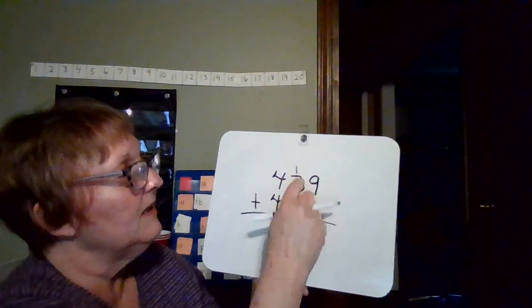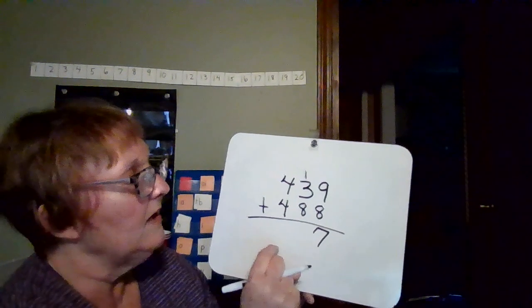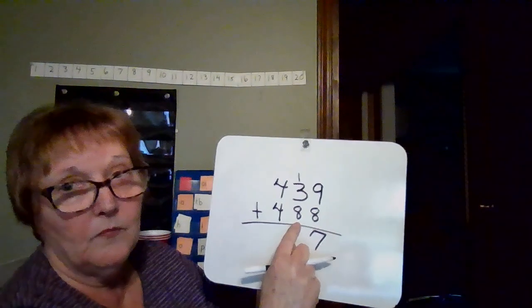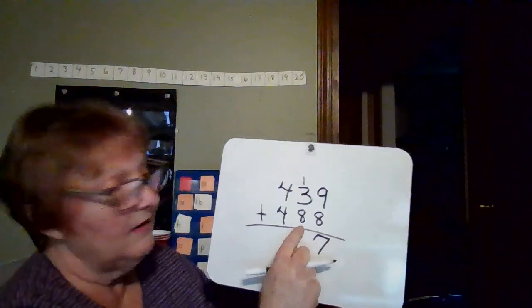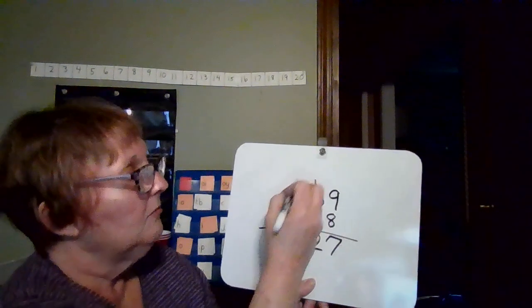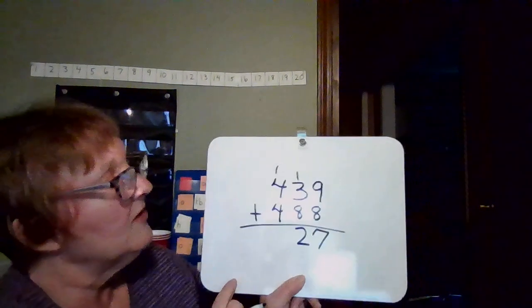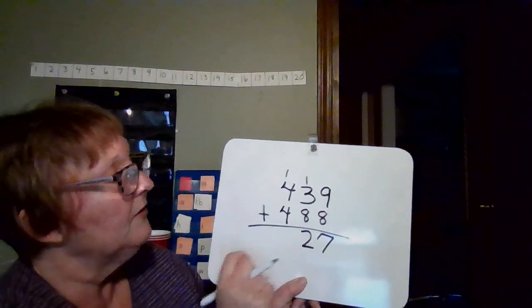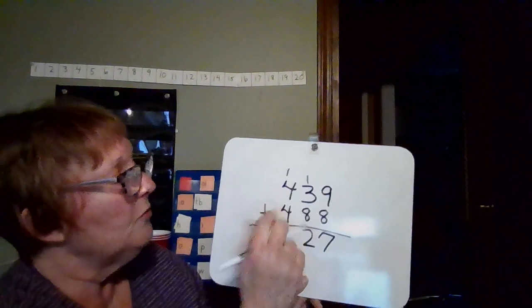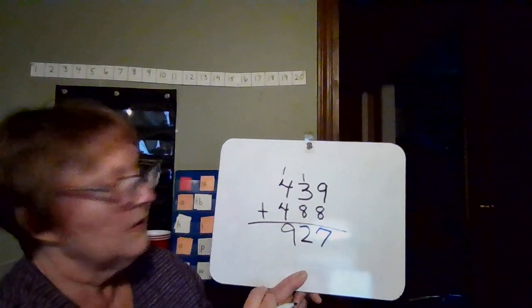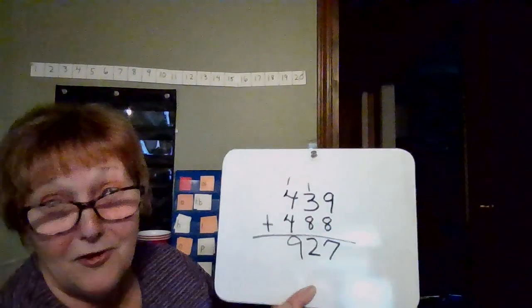Right now we have 10 plus 30, which is 40, and 40 plus 80, which is 120. Well, we can keep the 20 over here. Well, we have to take the 100 and put it over here. 100 plus 400 is 500, and 500 plus 400 is 900. $927. Wouldn't that be great?